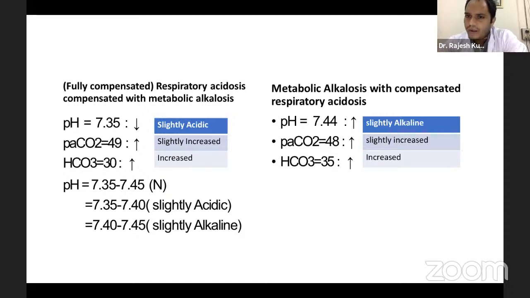And this is metabolic alkalosis with compensatory respiratory acidosis. Please don't get confused here. You just have to differentiate partial or full compensation by looking at your ABG. Your pH: if it is near normal and compensation is happening, it is fully compensated.